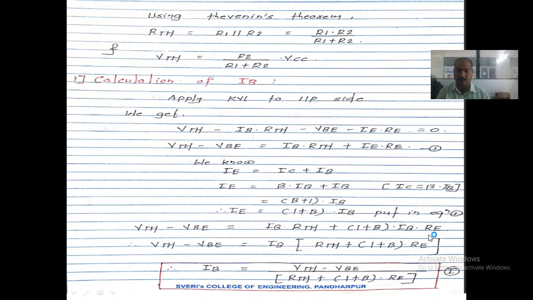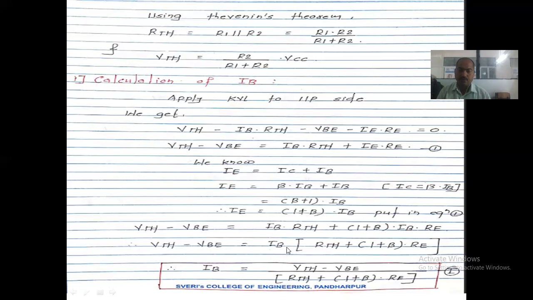Taking IB common, since IB appears in both terms, VTH minus VB equals IB into RTH plus 1 plus beta into RE. This is the equation.